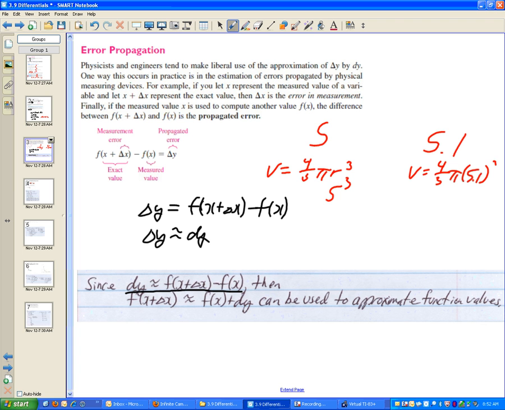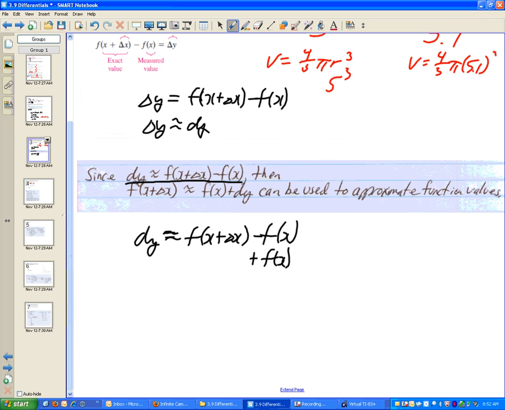Okay? Now, if I solve this for f of x plus delta x, I would add f of x to both sides to get dy plus f of x is approximately f of x plus delta x. Then I just rewrite it.